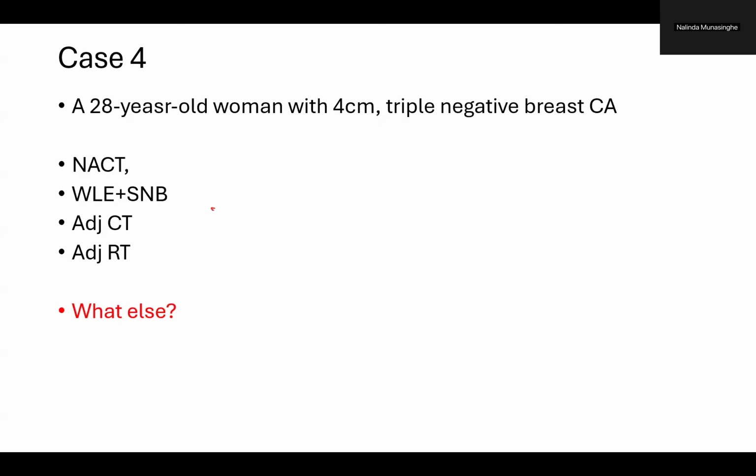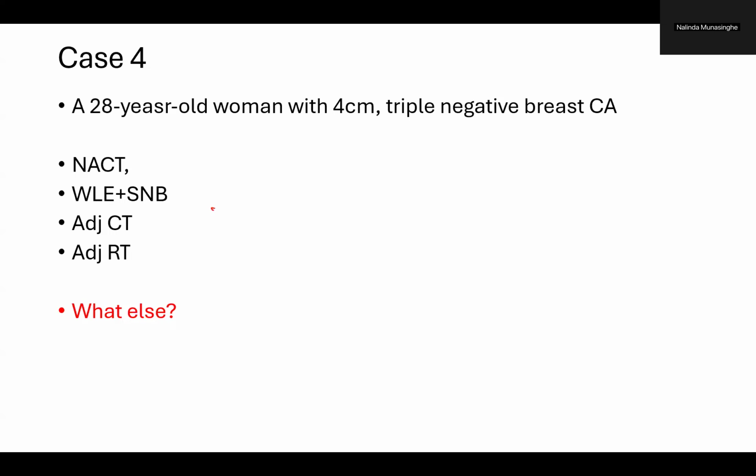Either you give the neoadjuvant chemotherapy with GnRH analogs like goserelin to suppress the ovarian action so that the hit by the chemotherapy to the ovaries will be less, or you can preserve the eggs. We can do that.